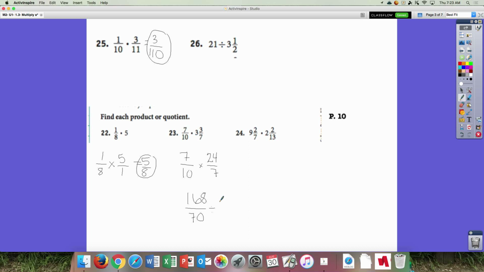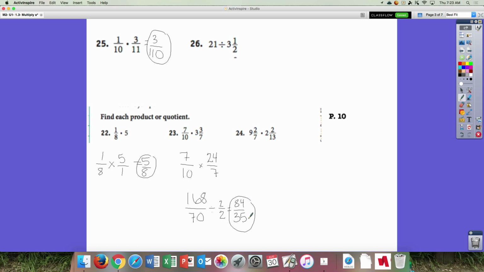So if I divide both of these by 2, what's 168 divided by 2? Good. 84. What is 70 divided by 2? 35. All right? Okay? So that is what we should get.